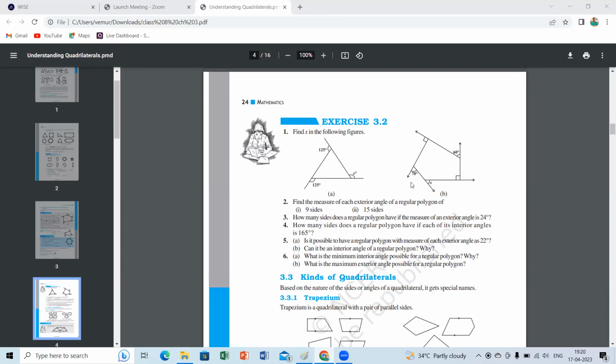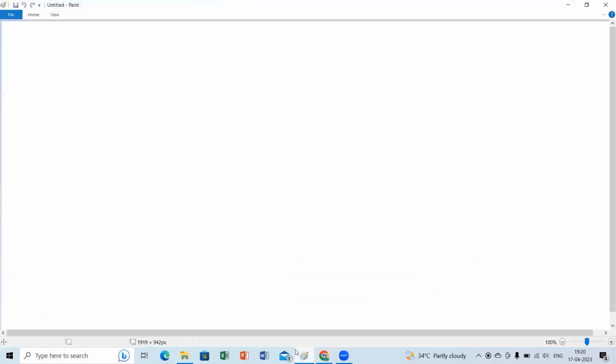Coming to the second bit, 15 sides. 360 divided by 15 is 24. Yes, 24 degrees. Correct. Each exterior angle is 24.